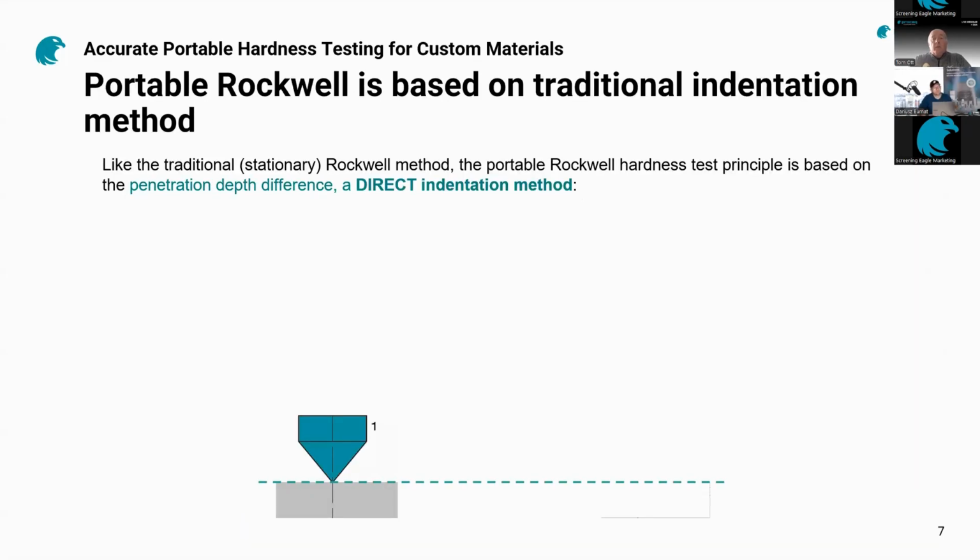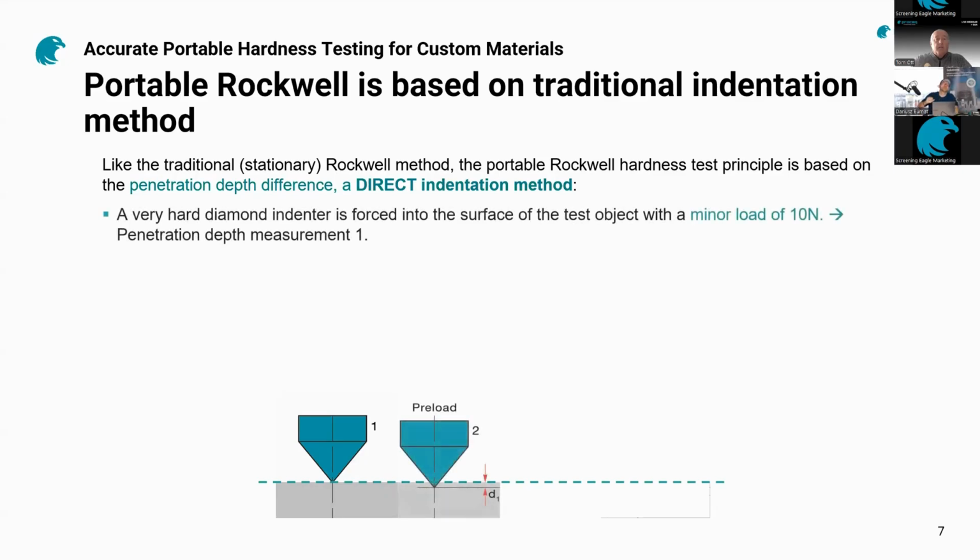Equotip portable Rockwell is based on the traditional Rockwell indentation method. It follows the Rockwell test cycle, but again, it differs in that we're using different test forces and a different indenter shape. But because we're following that test cycle, we do have a direct indentation method and essentially material independence.